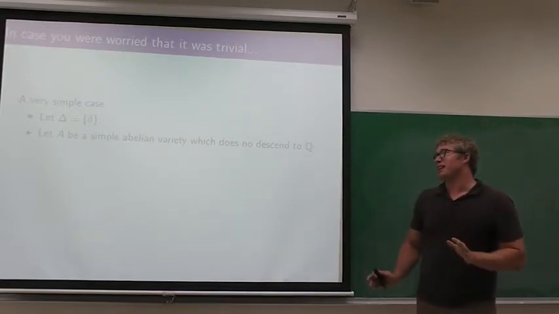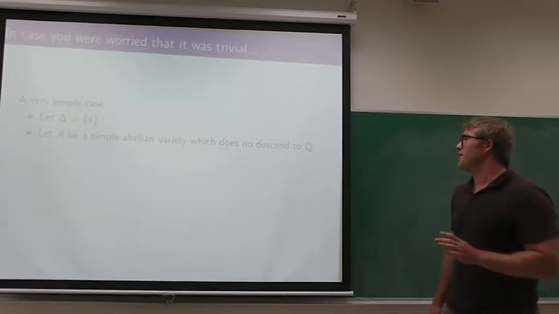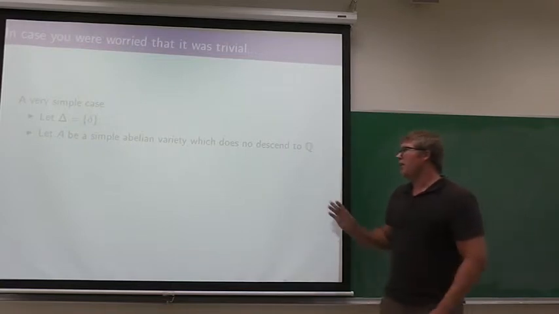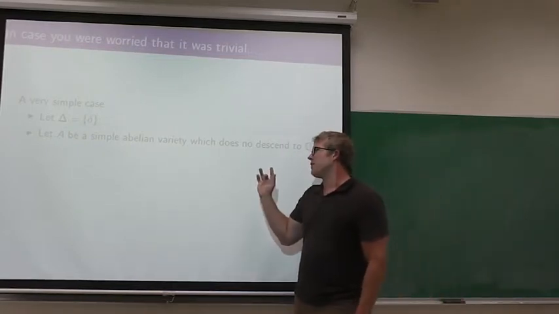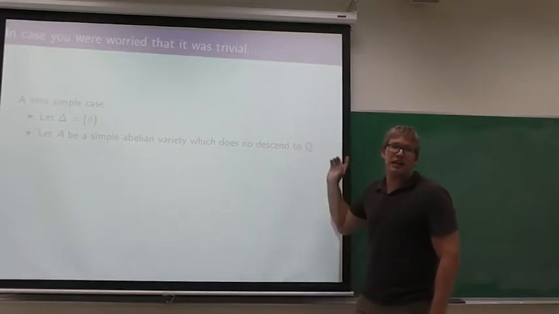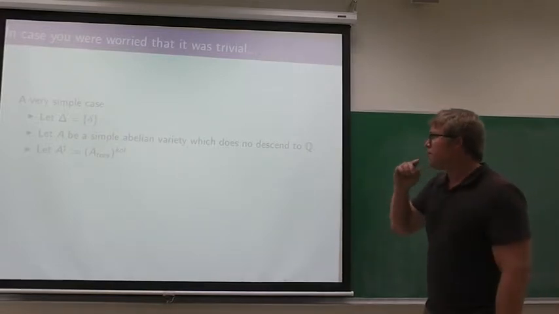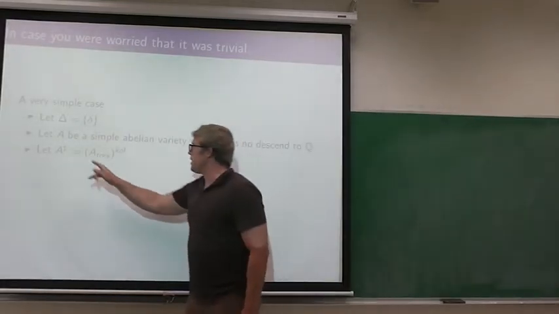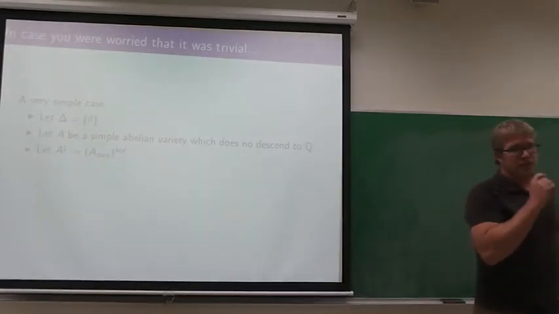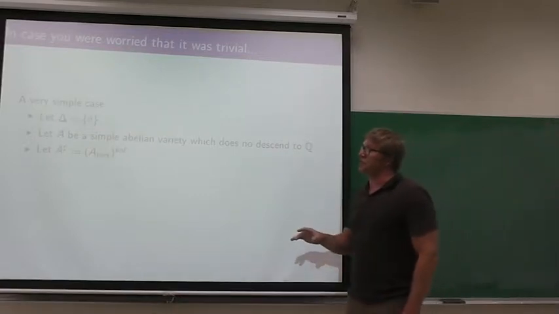So here's a simple example, and there's a wide variety of examples that you could make up like this. If A is a simple abelian variety which doesn't descend to Q, and all that means is that A is some abelian variety which isn't defined over Q and is not isomorphic to one defined over Q, then I'll let this set, which I'll call A sharp, be the Kolchin closure of the torsion points of A. It's true that this is a finite dimensional differential algebraic group.